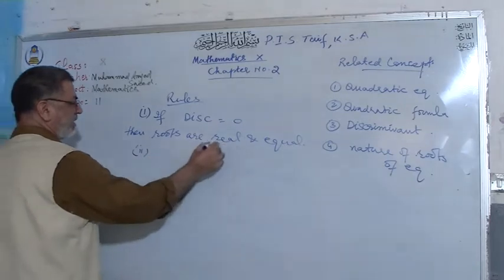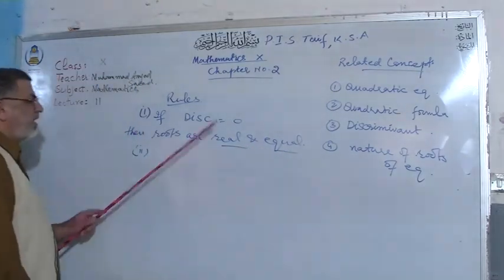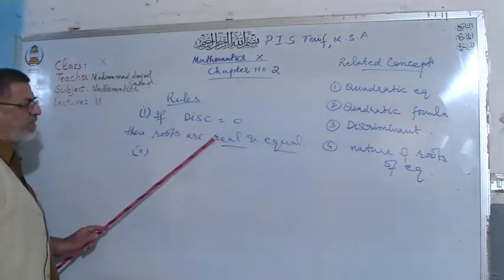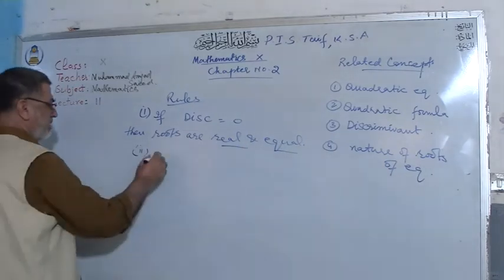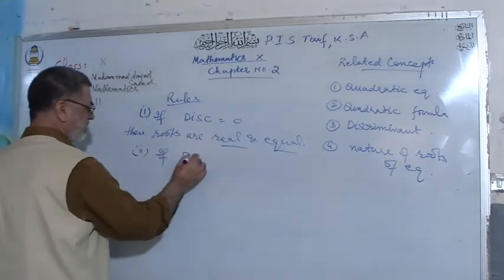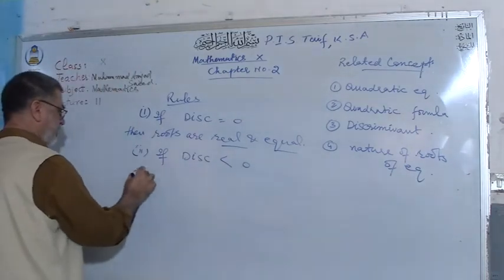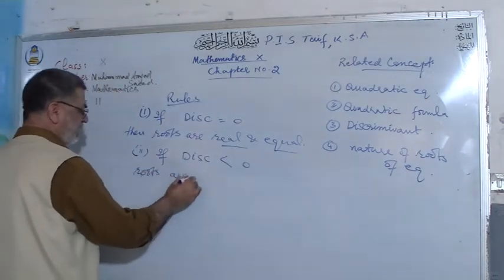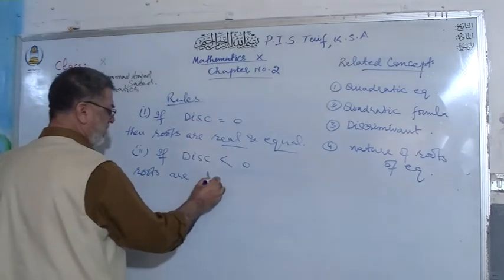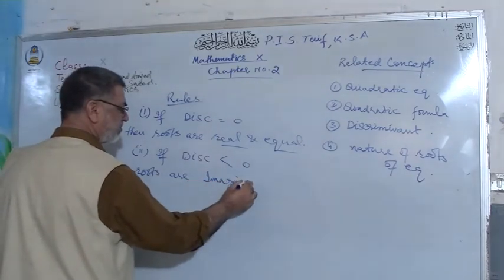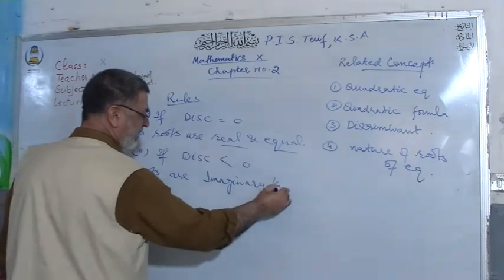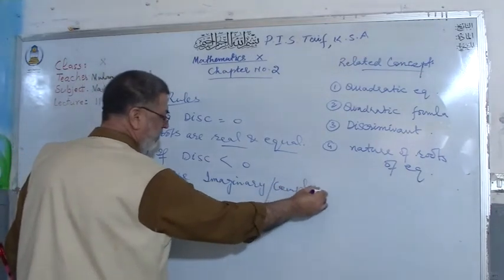This is the nature of root. If disc is equal to 0, roots will be real and equal. Number 2, if disc is less than 0, roots are imaginary. You know, imaginary means complex, in which iota is involved.